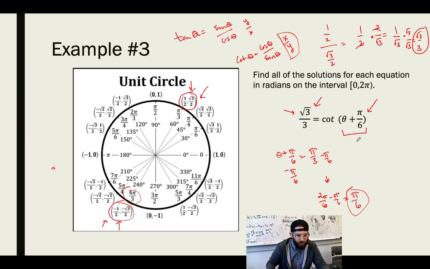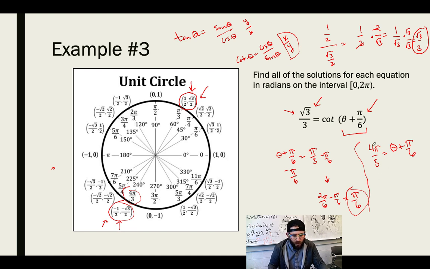However, let's clean this up a little bit. So we have 4 pi over 3 is equal to theta plus pi over 6. We need to do the same thing here where we subtract pi over 6 from both sides of the equal sign.